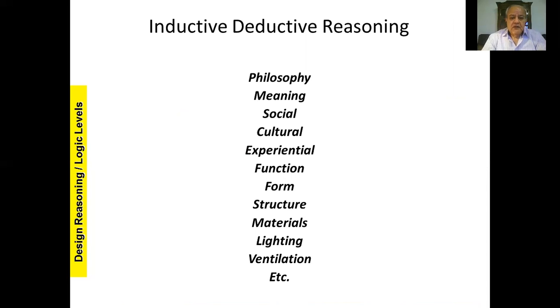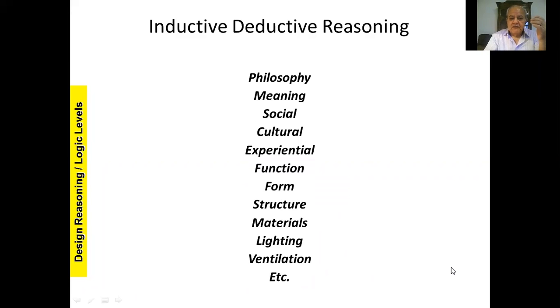There are many levels that we go through to identify the concept. These start from very philosophical, meaning, social, cultural, experiential, and they go down to functional, form, structure, materials, lighting, ventilation. The concept must relate to all these levels at the same time.